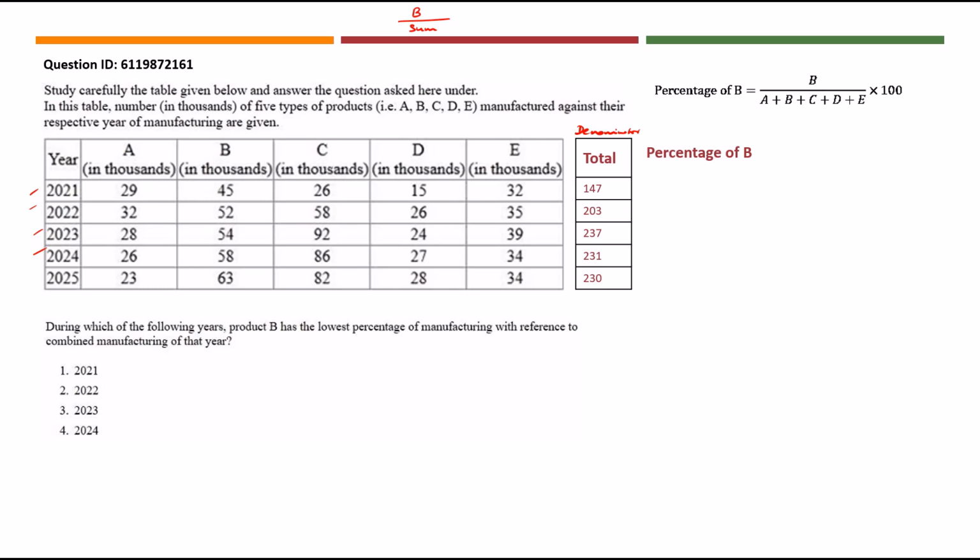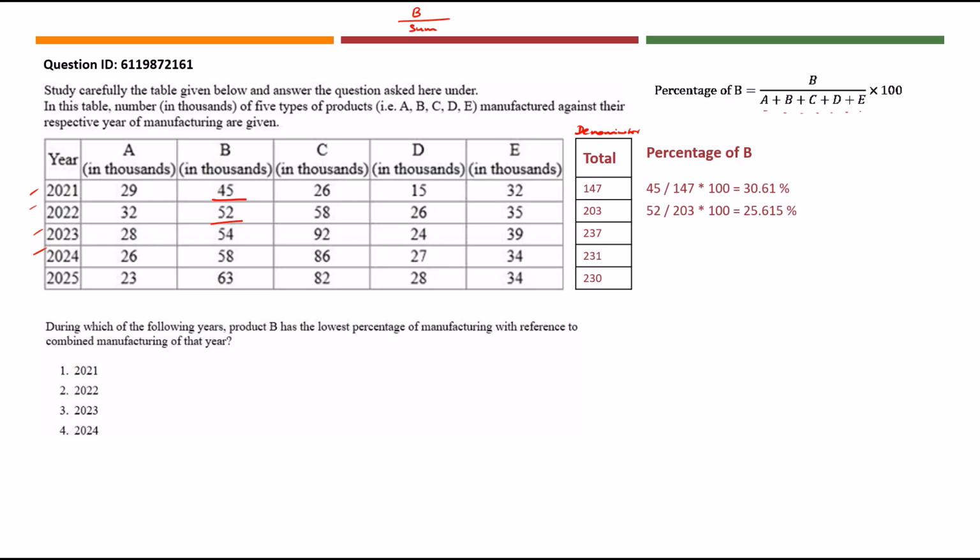If you take the percentage of B's value, it is 45 here. So 45 divided by 147 will give you 30.61 percentage. So when you multiply by 100, automatically you have to apply percentage. For 2022 value of B is 52. So if you are taking 2021's value for B, then the sum will be for 2021 only.